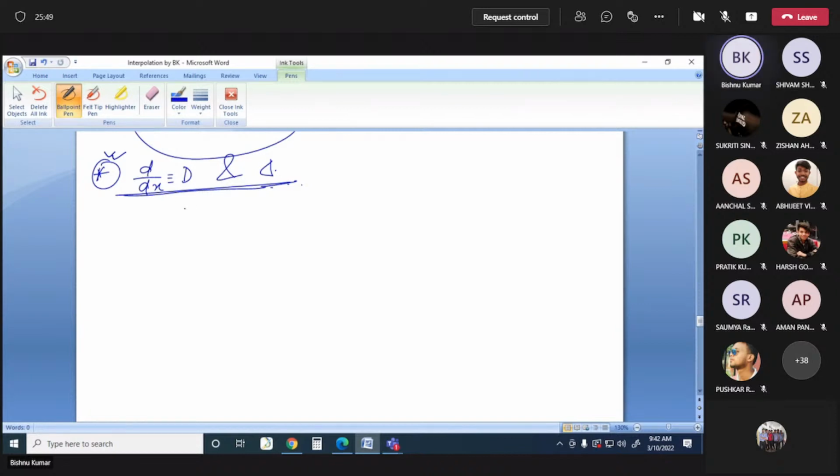Suppose f of x plus h. In Taylor series expansion, what will it be? f of x plus h equals f of x plus h f dot x plus h square by factorial 2 f double dot x, isn't it? Plus h cube by factorial 3 f triple dot x.